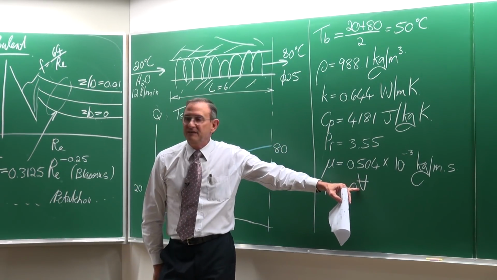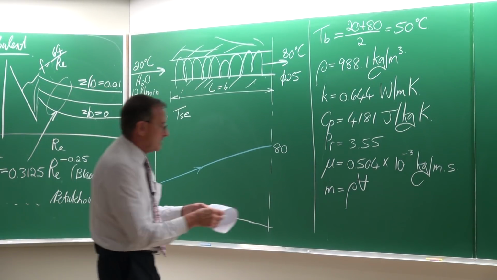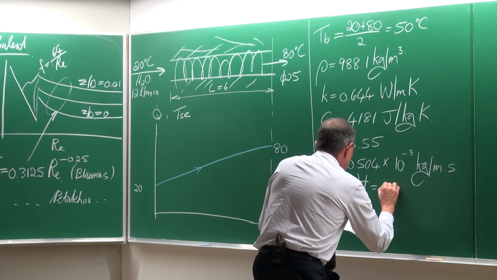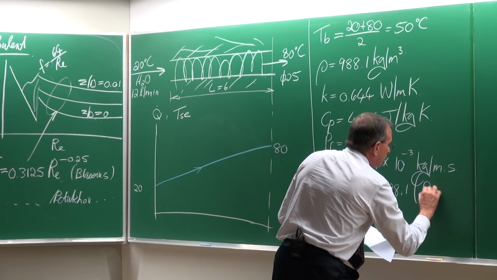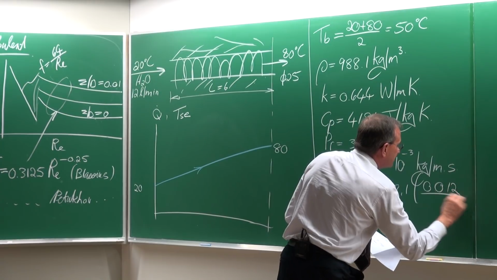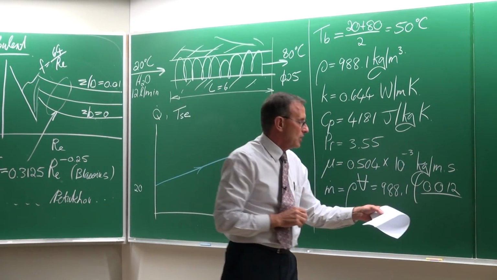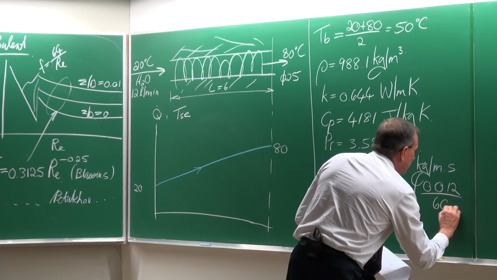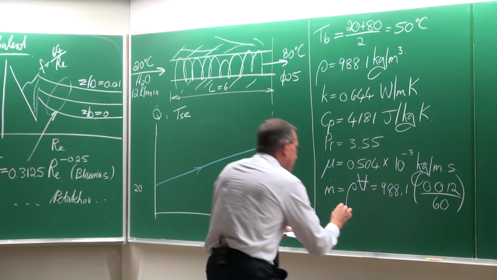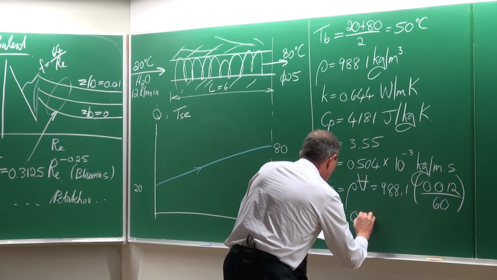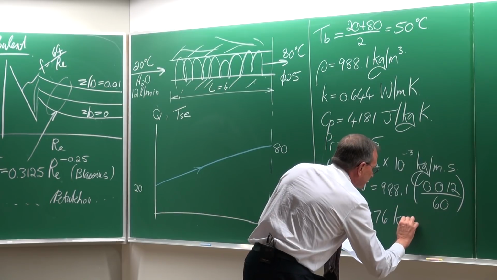Take note that V is the volume flow rate. The density is 988.1. The volume flow rate is 12 liters, in terms of cubic meters it is 0.012, and it's per minute, so per second, there it is. And then it gives us a mass flow rate equal to 0.1976 kilograms per second.